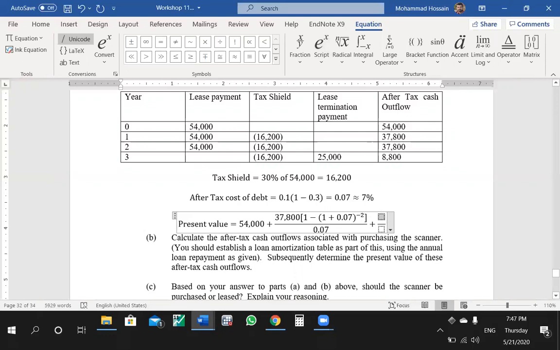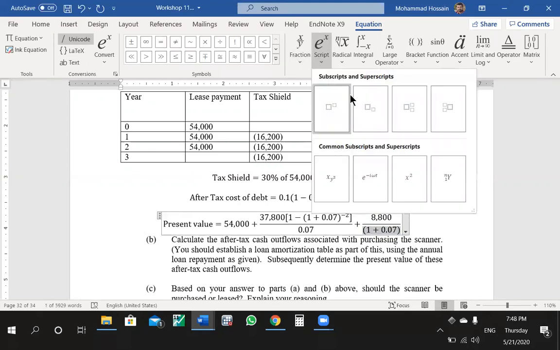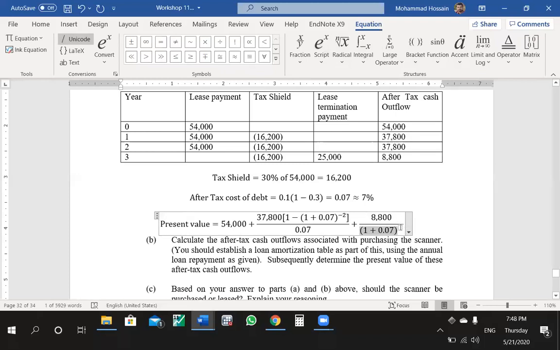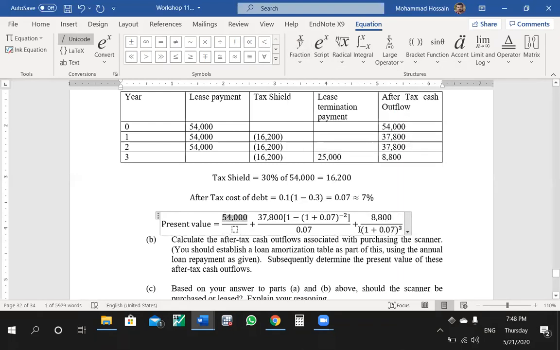It will be 8,800 divided by (1 plus 0.07) to the power n, where n is the year, 3.